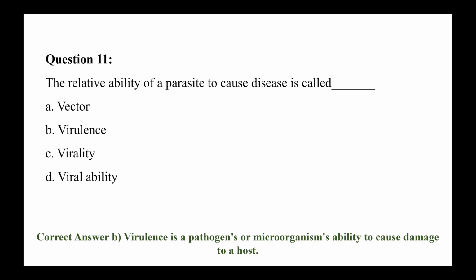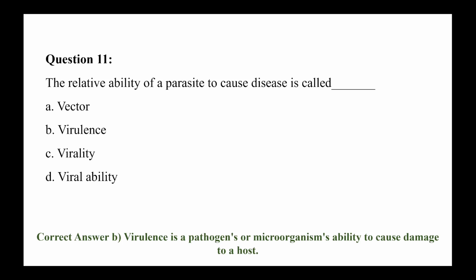Vector is the agent that is transmitting the disease from one host to another. Like in the case of malaria, it is caused by the parasite Plasmodium, but the mosquito is the vector.